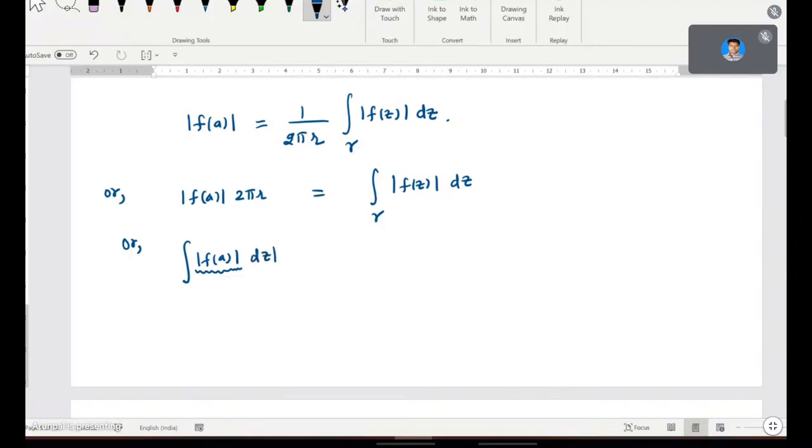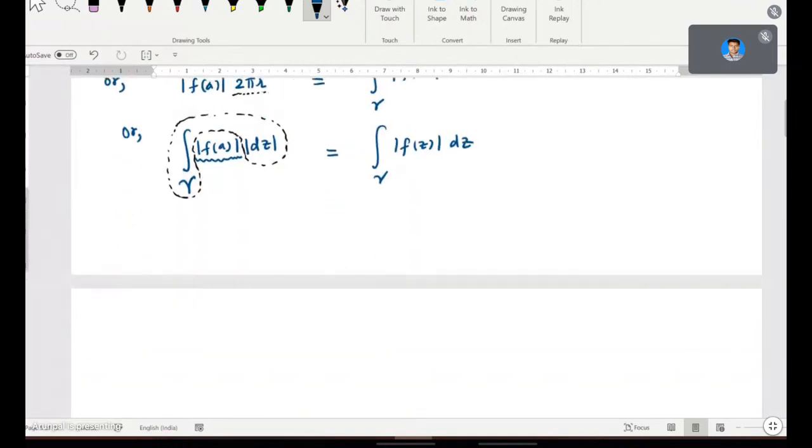And now I take the integration over gamma. If you notice, this complete thing is nothing but just the length of the curve gamma, right, class? Which is nothing but 2 pi r. Is this okay? Yes, sir.